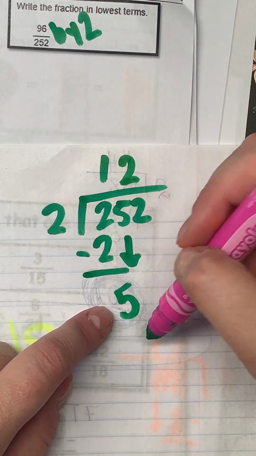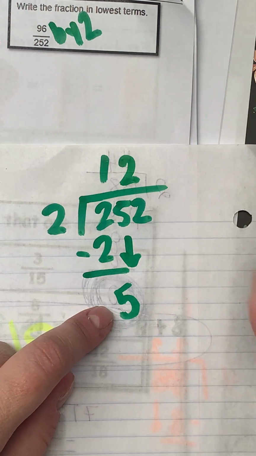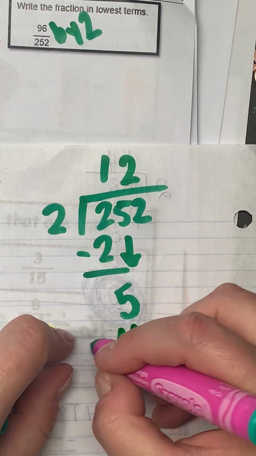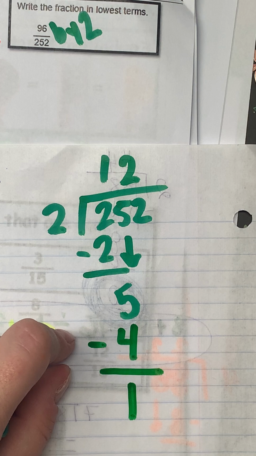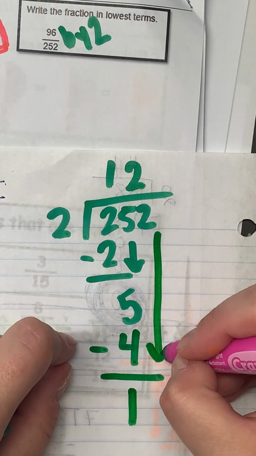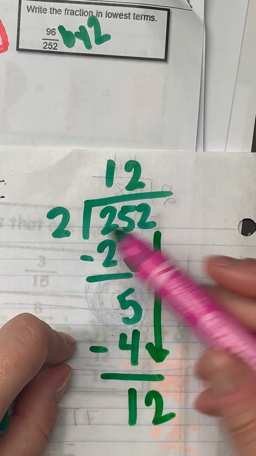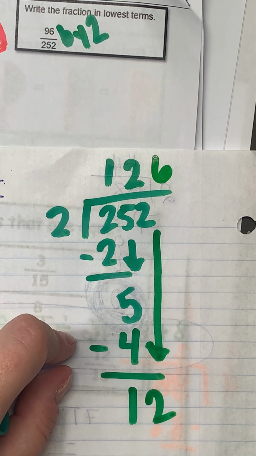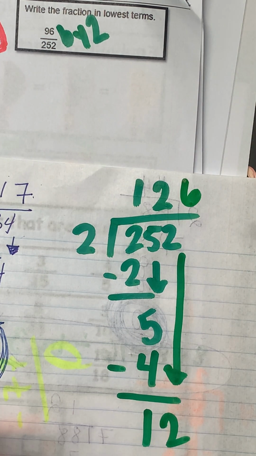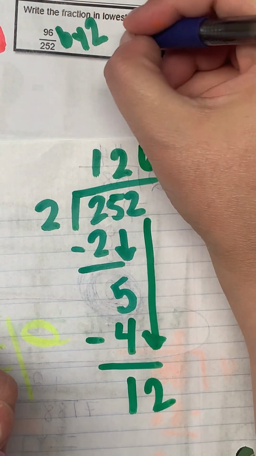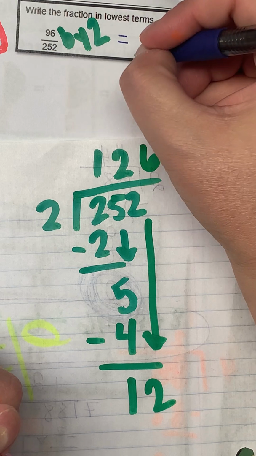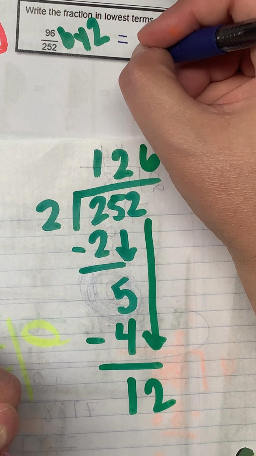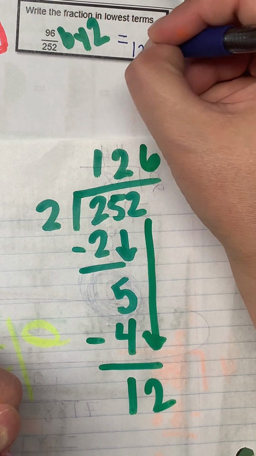Okay, 2 goes into 5 twice to get a 4. And we subtract down and you get 1 and then bring down the next number, 2. Okay, 2 goes into 12 6 times. So we just found 252 divided by 2 is 126.